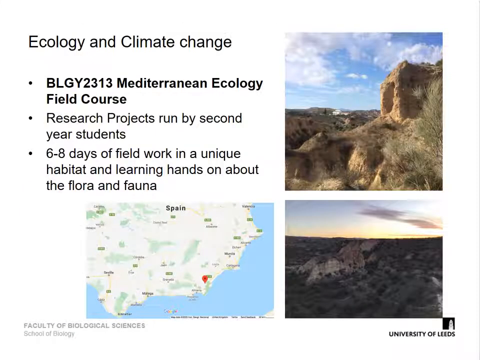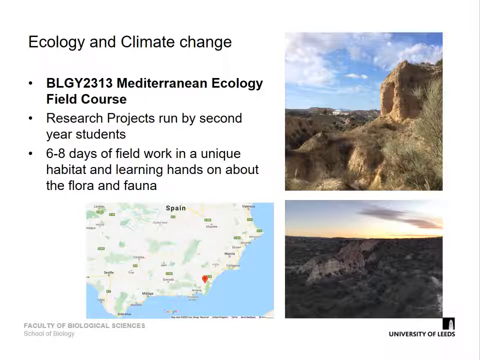But there are other opportunities to get involved in research projects and pick up practical research skills during the course of your degree. One example is the Mediterranean Ecology Field Course, which is a second-year field course and is compulsory for ecology students but optional for other students. During this field course, we take students to southern Spain into a little town called Sorbas, which is just out of Almeria.